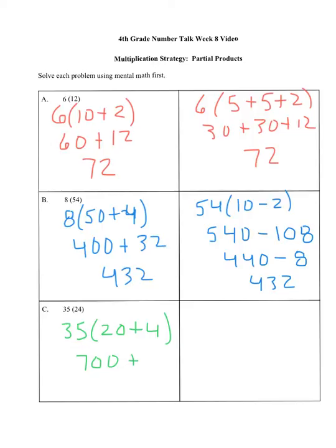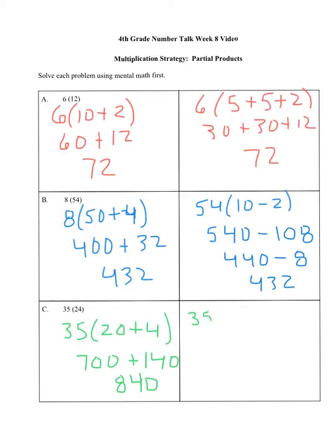If I think about 35, well, if I double 35 and that's 70, and if I double it again, well, wait, wouldn't that be 140? So in other words, 35 times 4, 35 groups of 4 must be 140. So I'm up to an answer of 840.